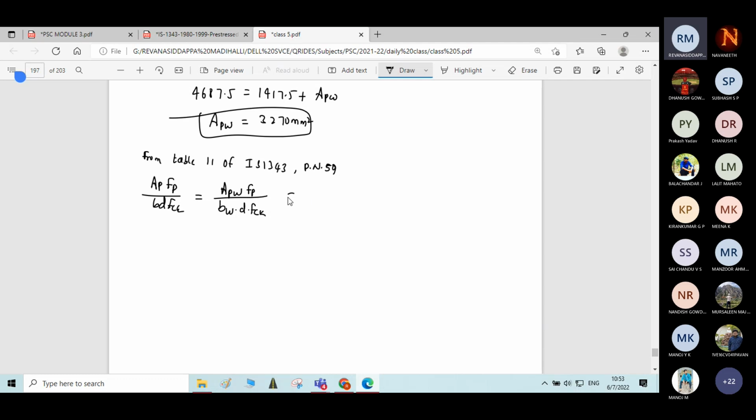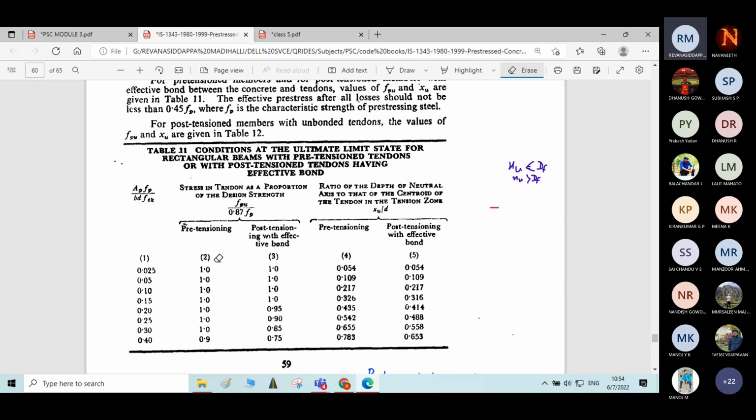Therefore APW is 3270 into FP, which we have assumed as 1600, divided by width of web 300 (2 into 150), 300 into 1550, the effective depth, into FCK which is 40. If we estimate this ratio, we will get the answer as 0.28.